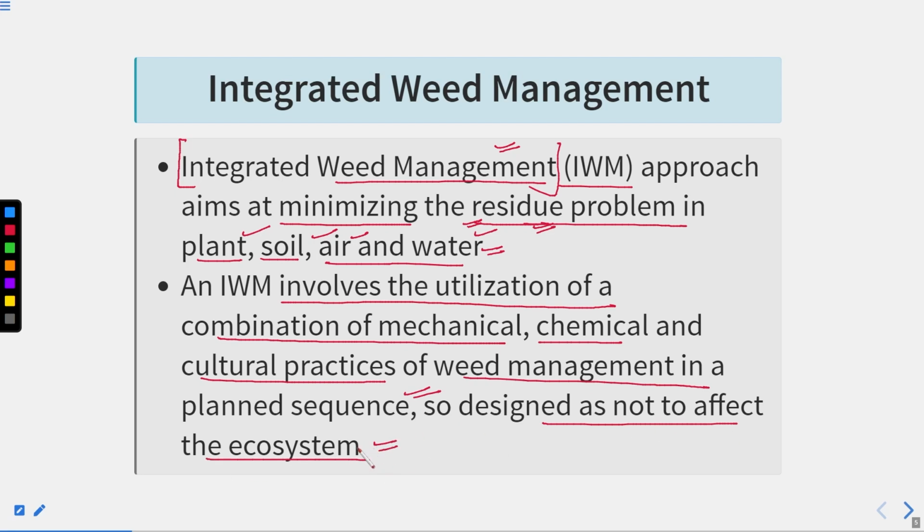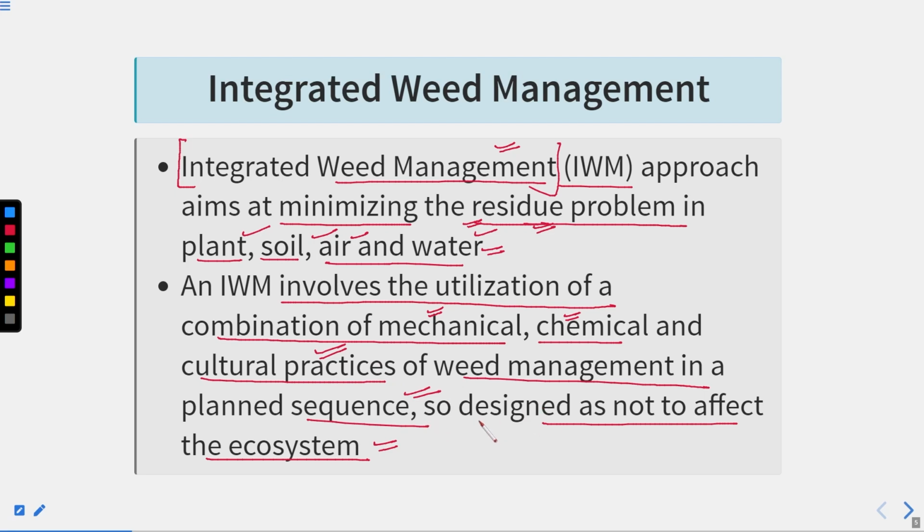So in IWM we are using the mechanical method, the chemical method of weed control, and also different cultural practices. We are using all the methods, but in a sequence, in a planned way.